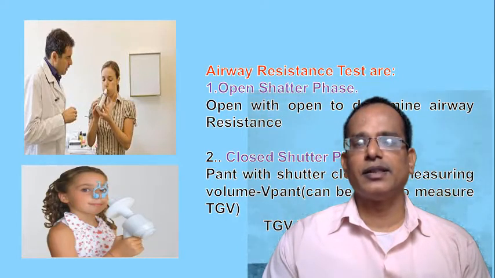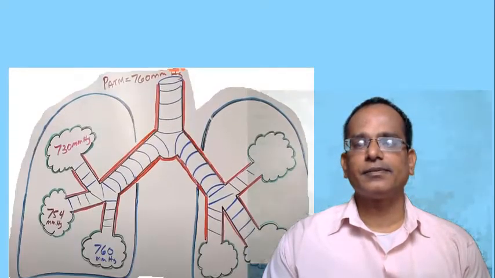The patient pants with the shutter closed to measure volume change, Vpant. It can be used to measure the total gas volume, which can be easily found with the closed shutter phase.